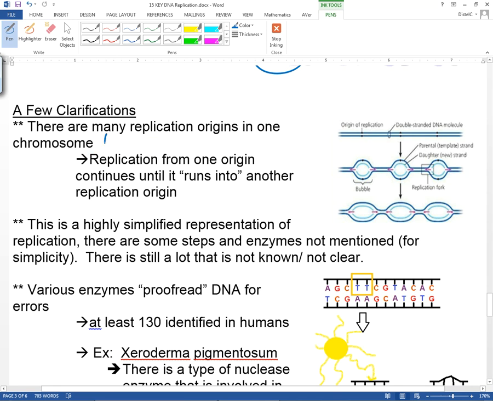To specify here, we're talking about eukaryotic DNA. Okay. So like we said, there's the bubble, there's the bubble, there's the bubble, and they each have their own fork. Okay, so they can replicate and then they run into each other and then the whole thing gets replicated. So that way it happens super duper fast. Okay.